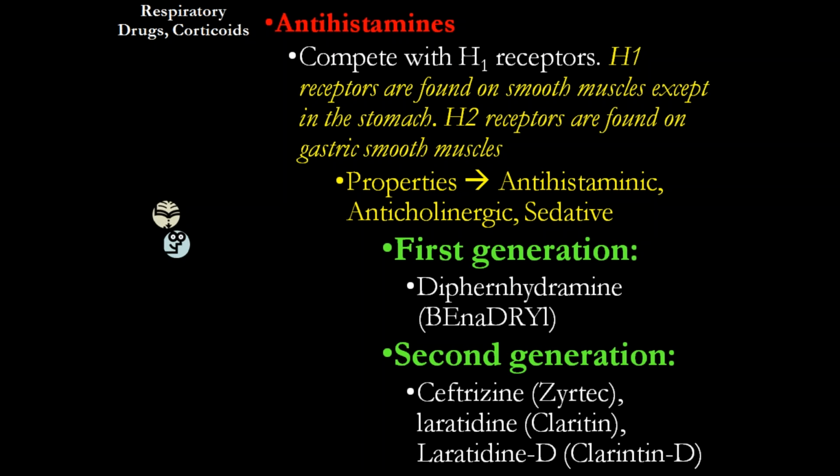In NCLEX, they're going to give you the name and probably you need to know if this is first generation or second generation. The most common is Benadryl. If you see the name Benadryl, B-E-D, like a capital case, it is going to make you go to bed, to sleep, bed, sleep.